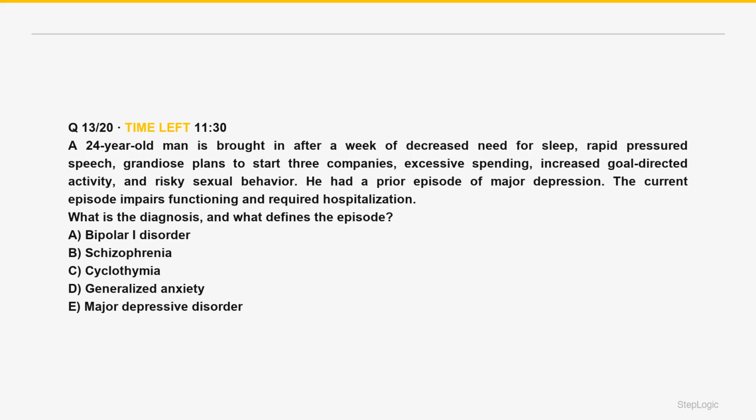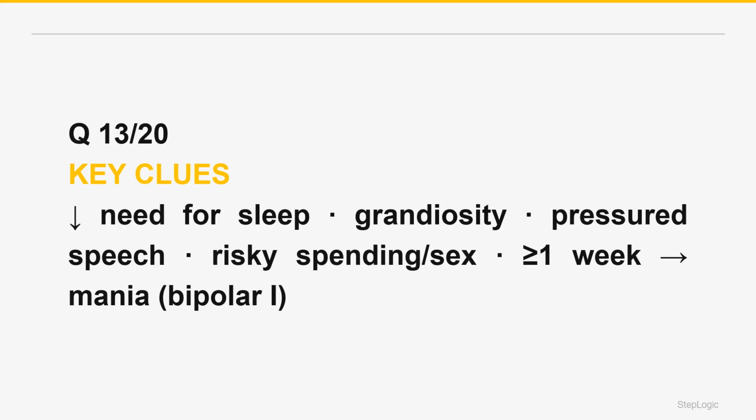1 week elevated mood, decreased sleep need, grandiosity, pressured speech, risky behavior, impairment: bipolar I, manic episode, DIG FAST. This is bipolar I disorder, defined by at least 1 manic episode.